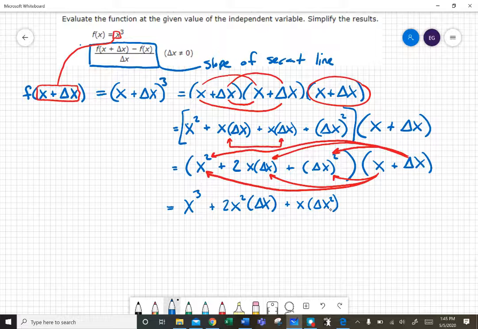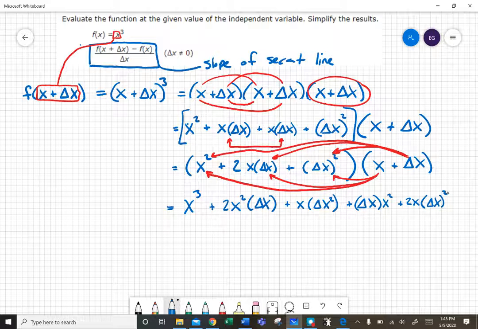Okay, and then we'll multiply through the delta x. So delta x times x squared. We have a delta x times 2x delta x, so delta x times delta x is delta x squared, and that should be 2x times delta x squared.